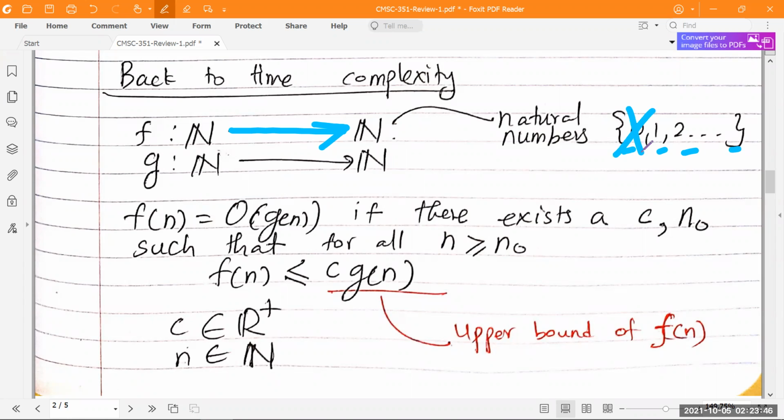Either one of them is fine for our course. Some definitions say only counting numbers start from 1 and natural numbers start from 0. That doesn't change a lot of things for us. However, let's talk about two functions which take the input from the natural number set and output a natural number.